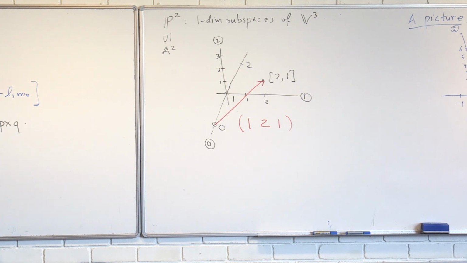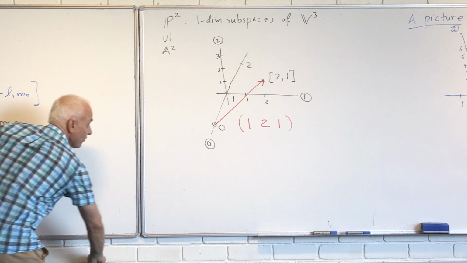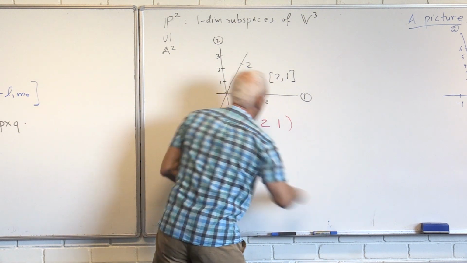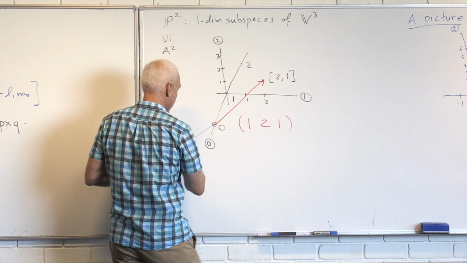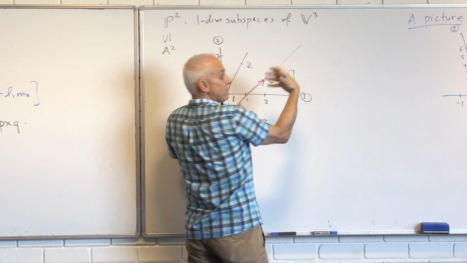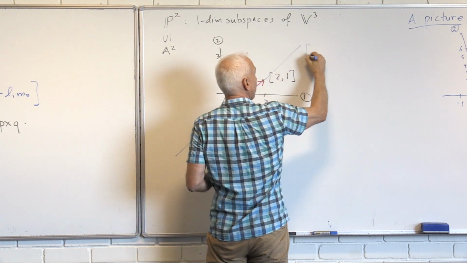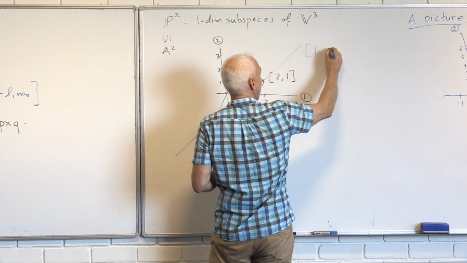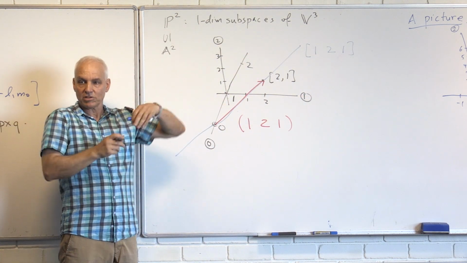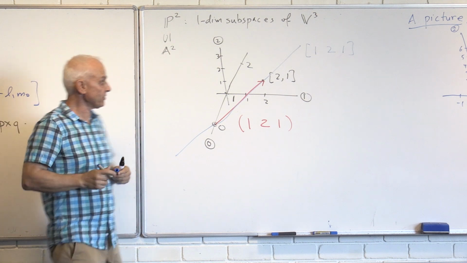And the line through that vector is a physical representation of the projective point 1, 2, 1, which is the same as this vector, except scalar multiples in any direction are allowed.